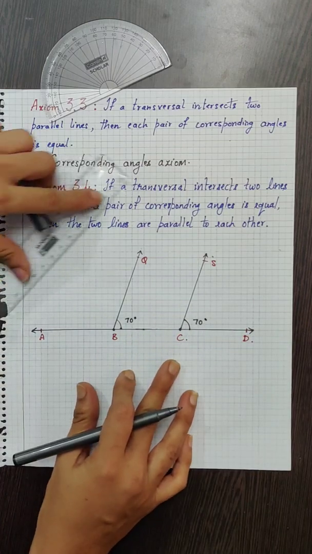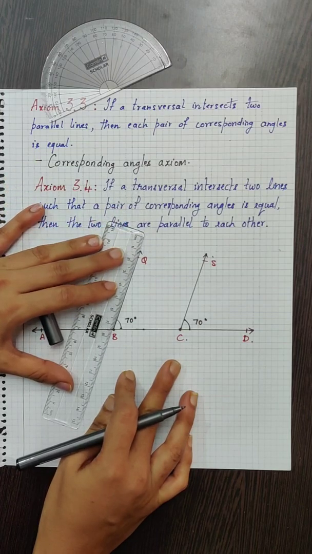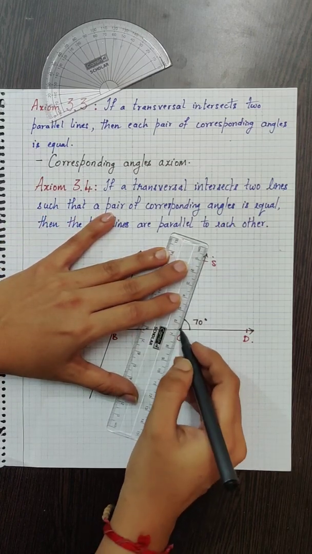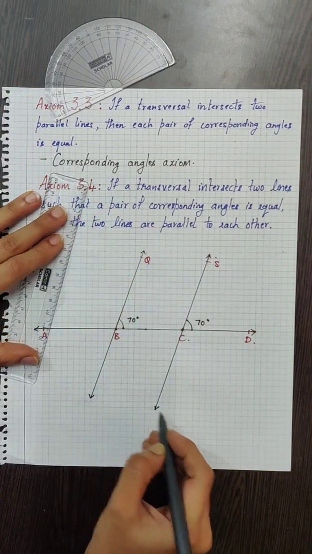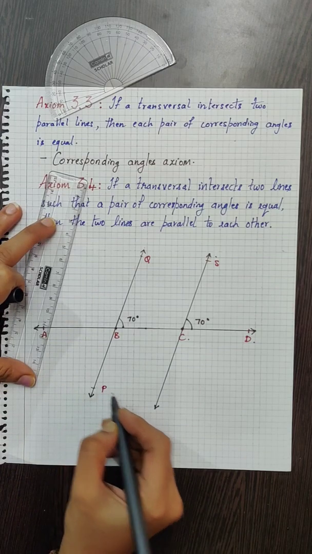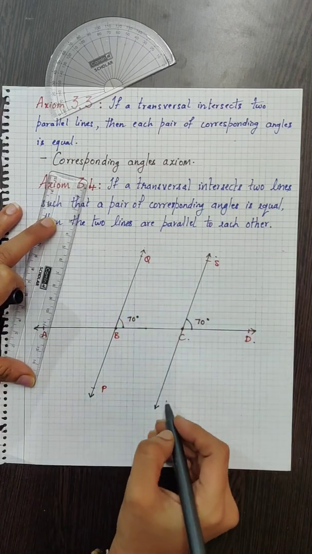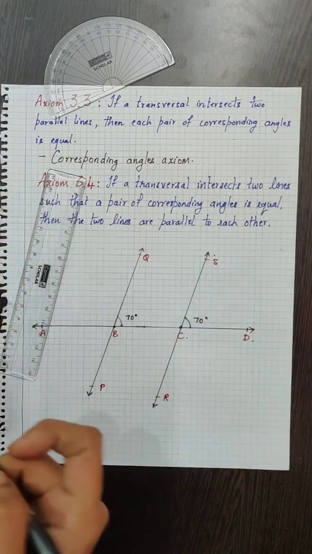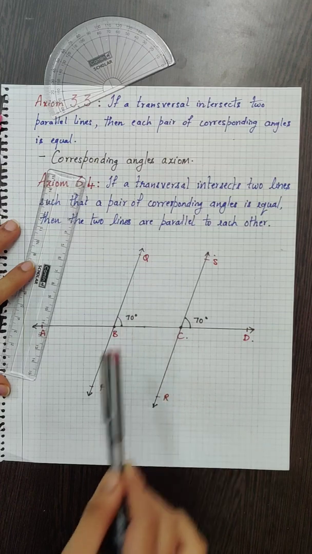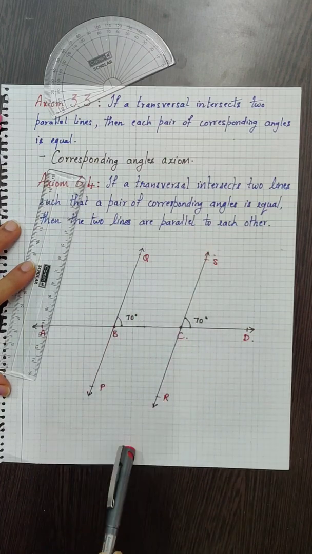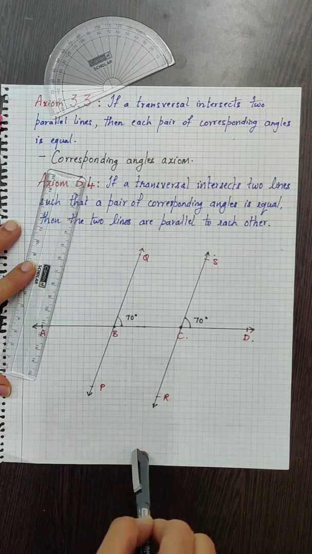Now let me produce this line further downwards and mark this as PQ and RS. So we see that the lines PQ and RS do not intersect when produced downwards.